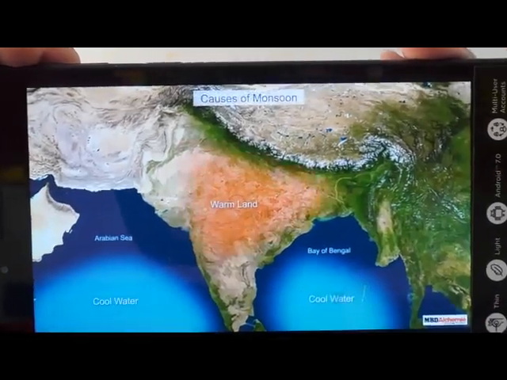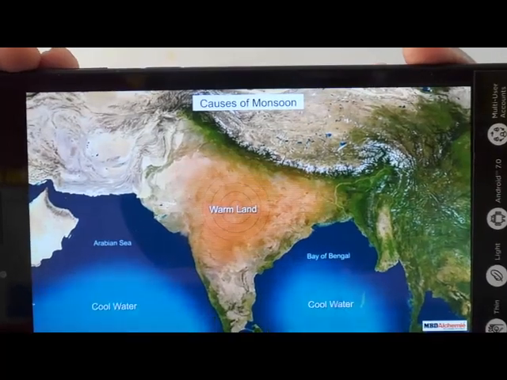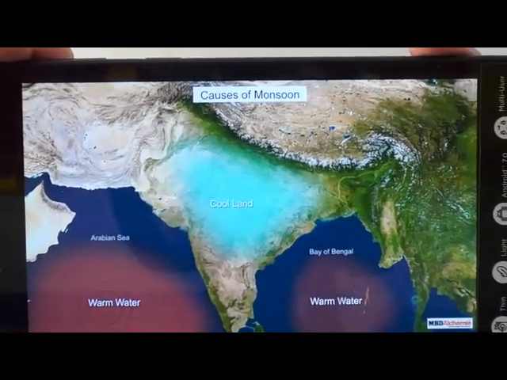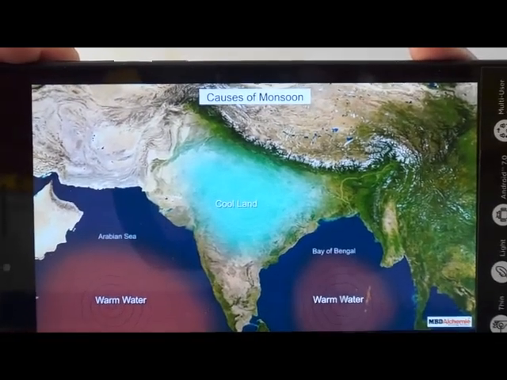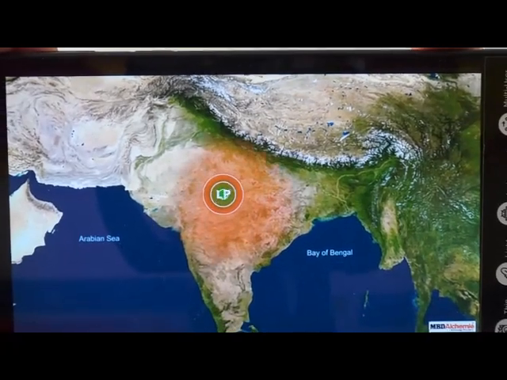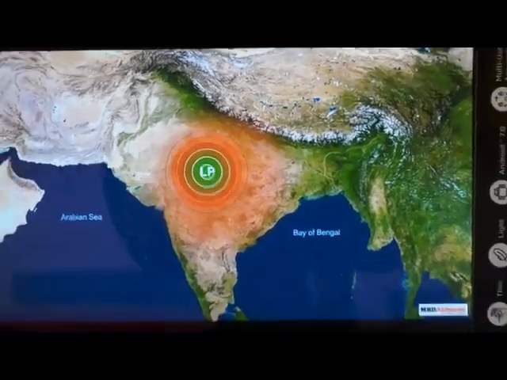Let us discuss the causes of this seasonal reversal of wind from sea to land and land to sea. The main cause is the differential heating and cooling of land and its surrounding water bodies, that is seas and oceans. During summer, land is hotter and thus low pressure develops over interior parts of the large Indian landmass.